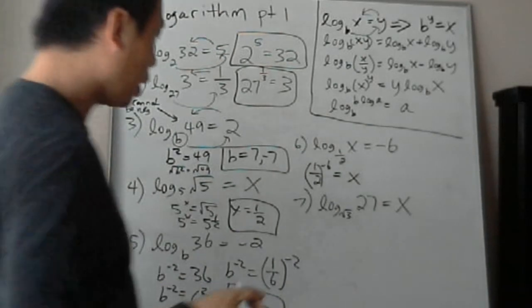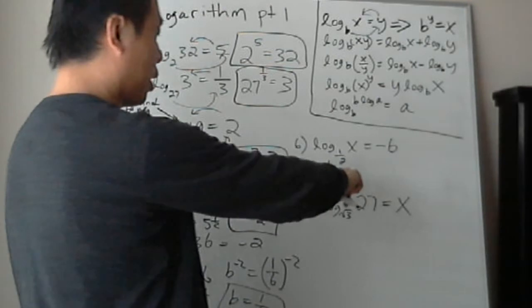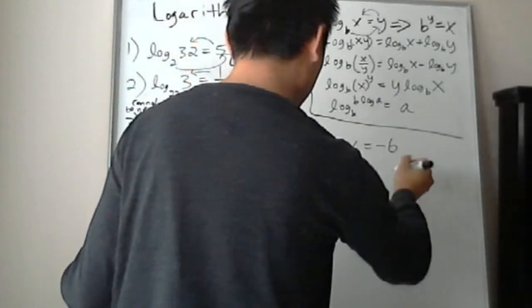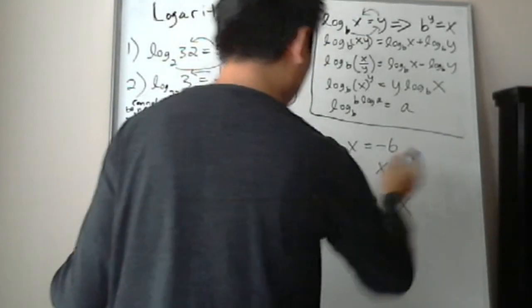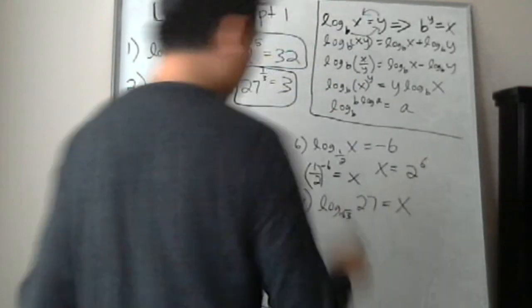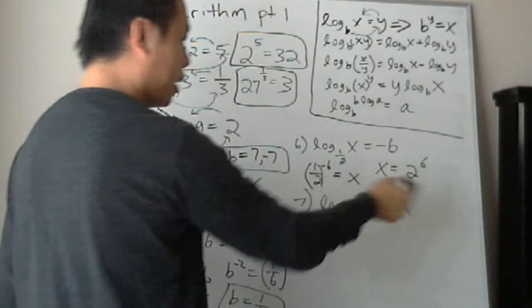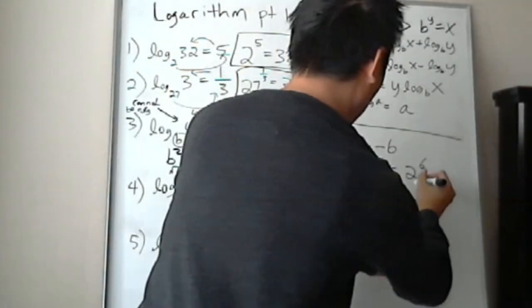Well, one way you can do this is let's change this to a positive exponent first. So let me rewrite x to the left side. So x equals 2 to the 6th power, right? Because I do the reciprocal, the exponent is positive now. You do the opposite of that. And 2 to the 6th power is just 64.